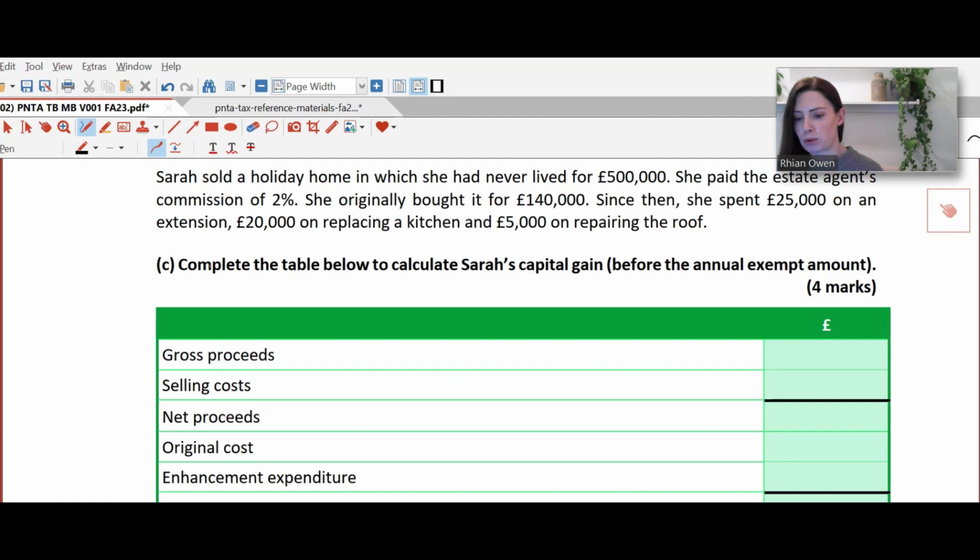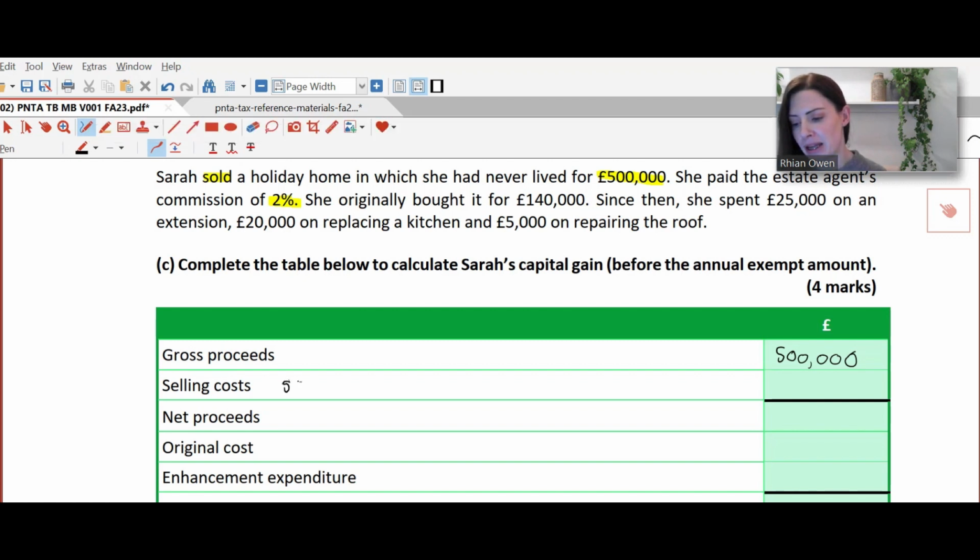Firstly, gross proceeds. We're given the gross proceeds in the question as being £500,000. Selling costs. We're told that she paid the estate agent's commission of 2%.